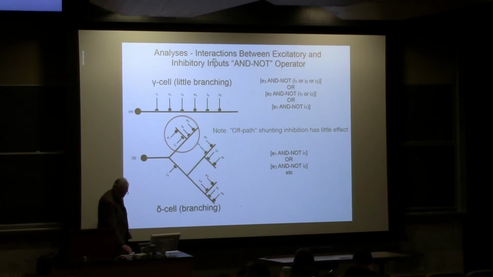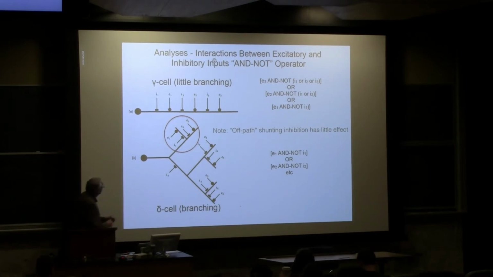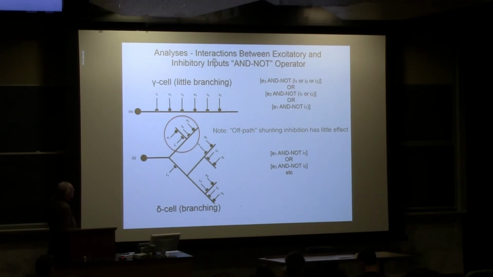And so Koch and Poggio enjoyed playing these games of hypothesizing patterns of excitatory and inhibitory input and imagining the kind of logical operators that they could compose by doing this.